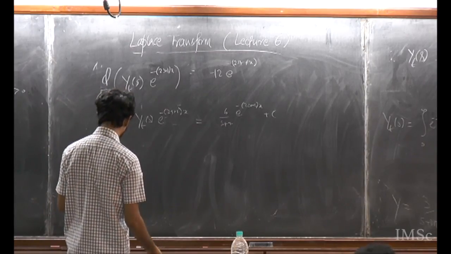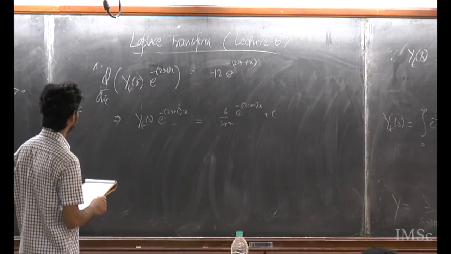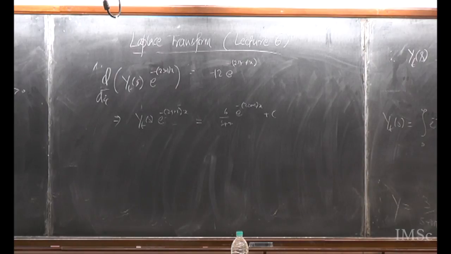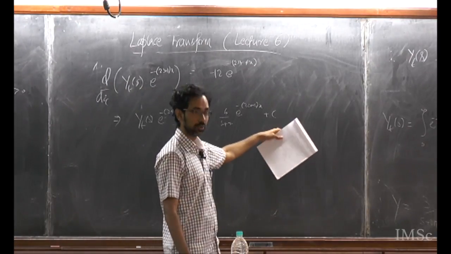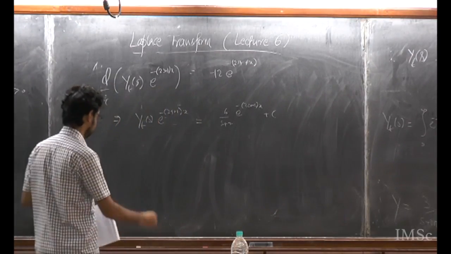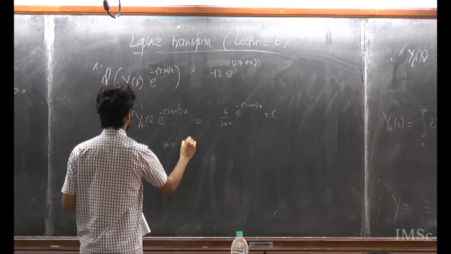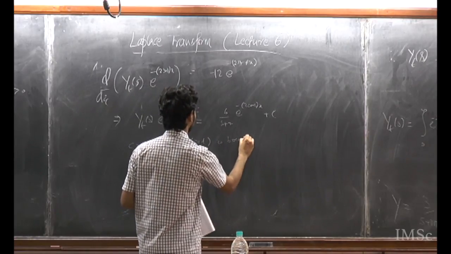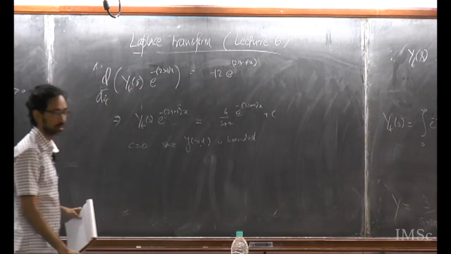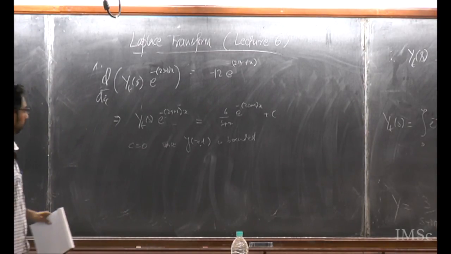So, you can argue, since y(x,t) is bounded, then you will get in the end that c is equal to 0, since y(x,t) is bounded. I'm not giving the details. I mean, you can just prove it yourself.